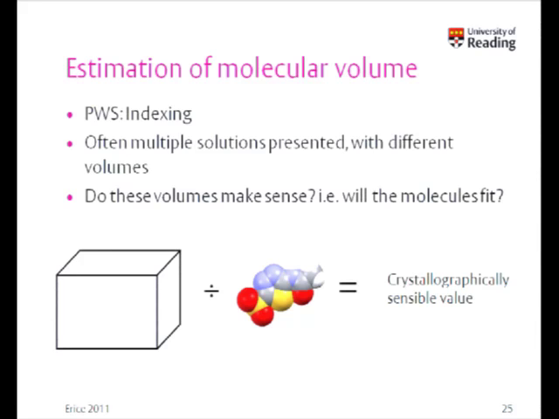You can estimate the volume of the molecule, and so that divided by that should give you a crystallographically sensible value. So if you do that sum, and for example, in a monoclinic cell it turns out to be 4, plus or minus a very small amount, you can generally proceed and go on and do your Pawley refinement to verify that. If on the other hand it turns out to be 2.3, you might hesitate before wasting your time setting up a Pawley refinement.